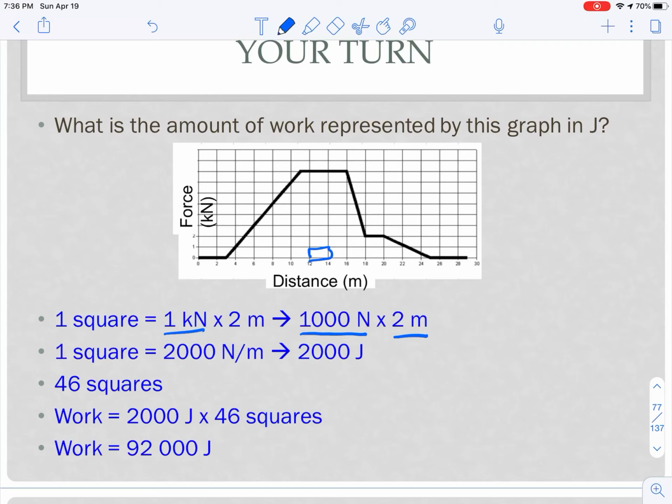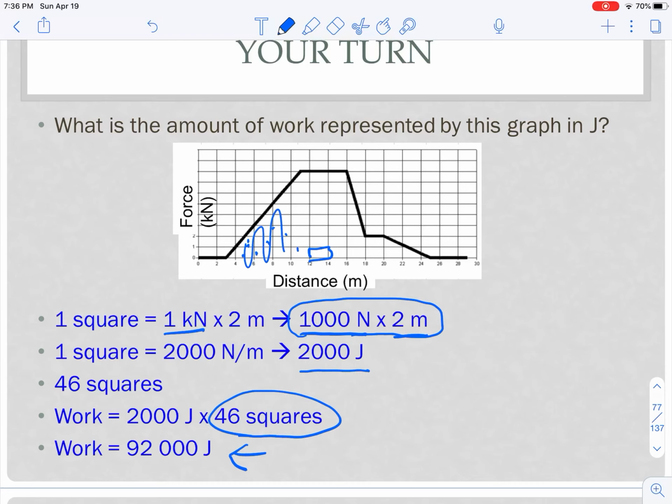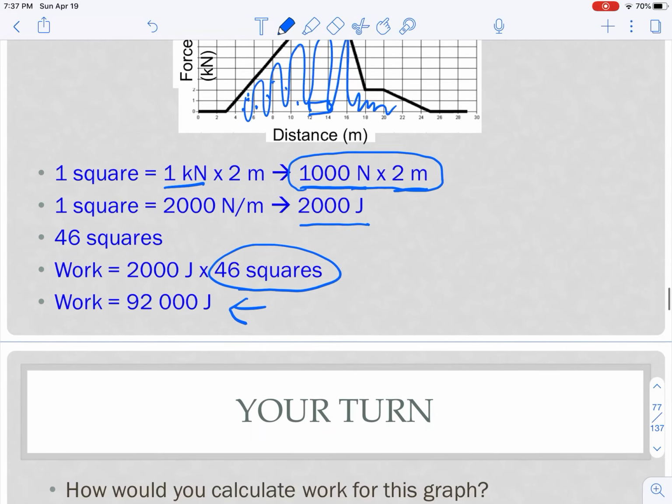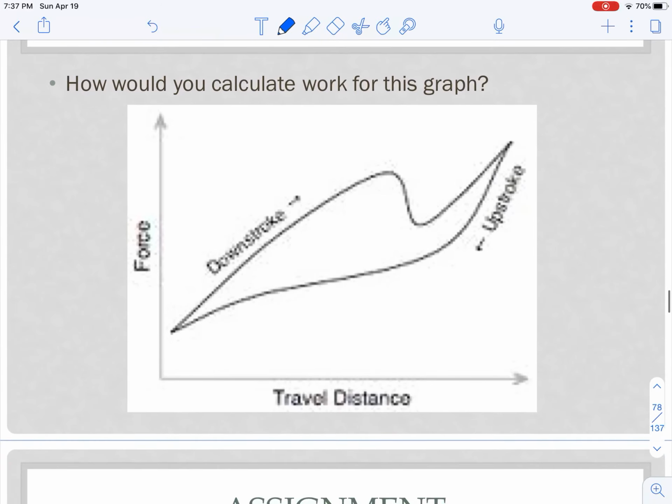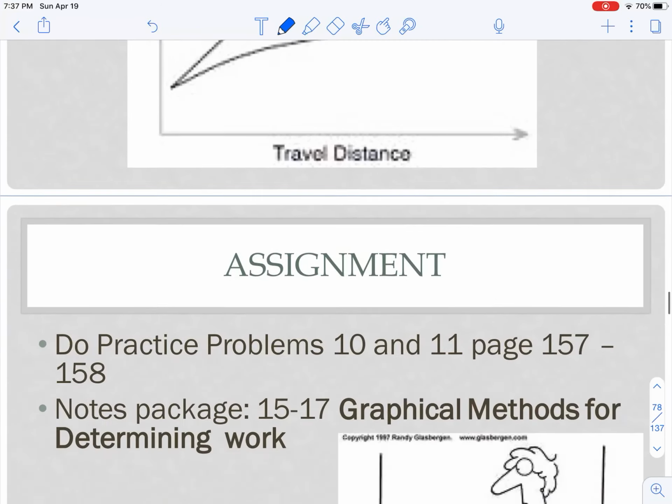So we figure out 1 box worth is exactly 2,000 joules then, if you use newtons instead of kilonewtons. 1,000 newtons times 2 meters would be 2,000 joules. If you check them all out, it should add up to 46 squares. So 2,000 times 46 is an approximate 92,000 joules of work done underneath the line. Okay, so that's what you would have to do in that case.